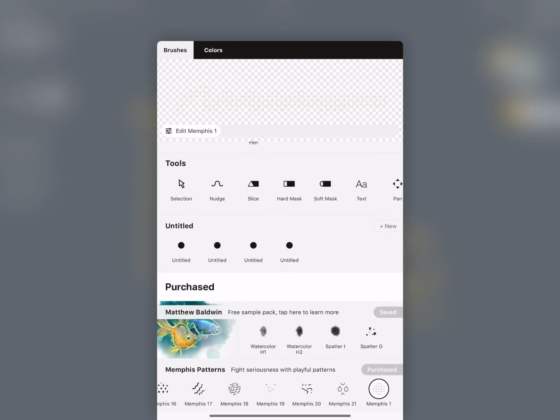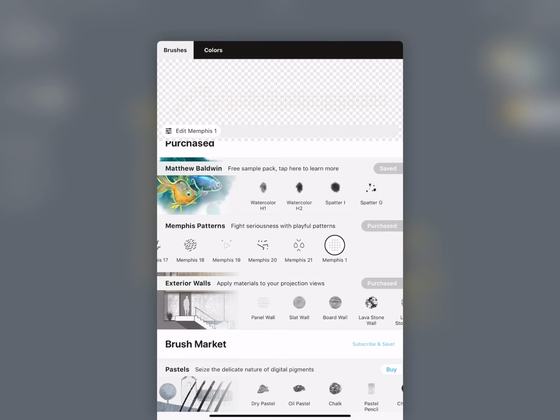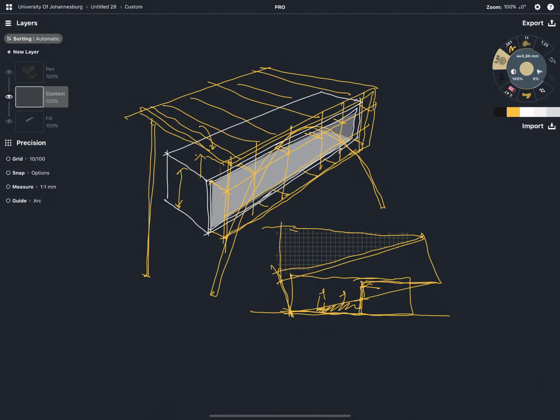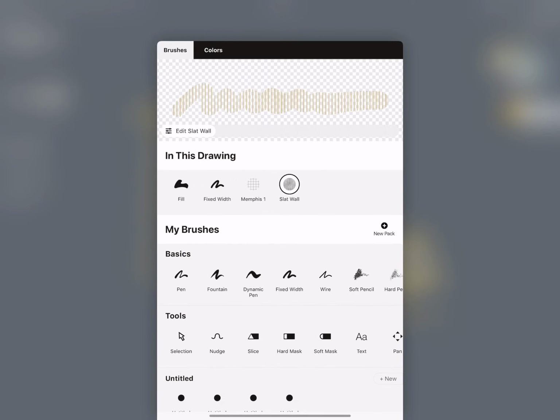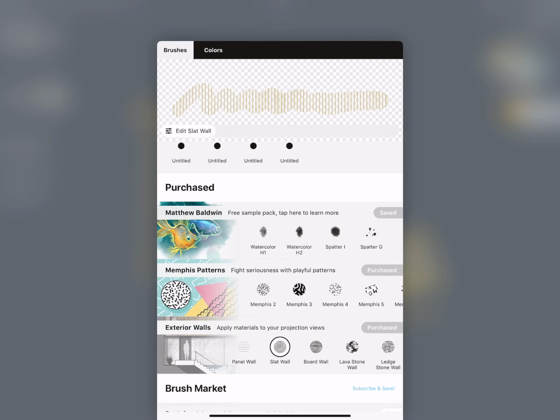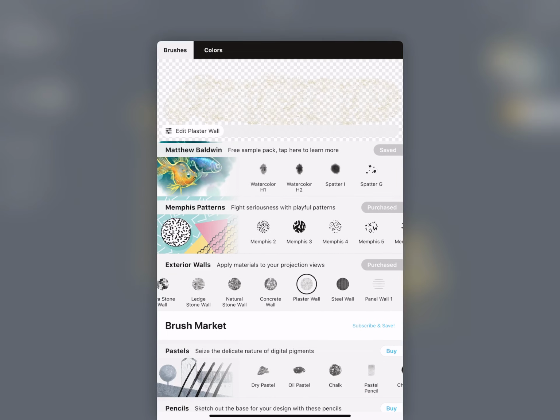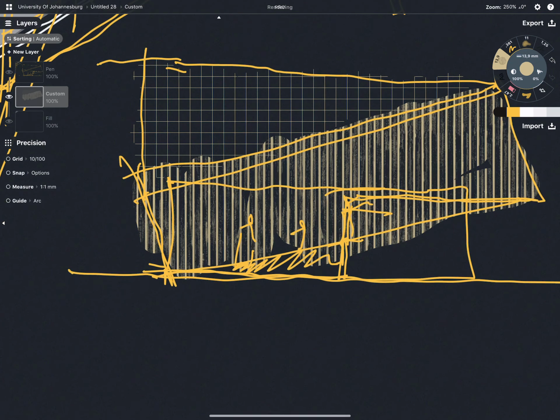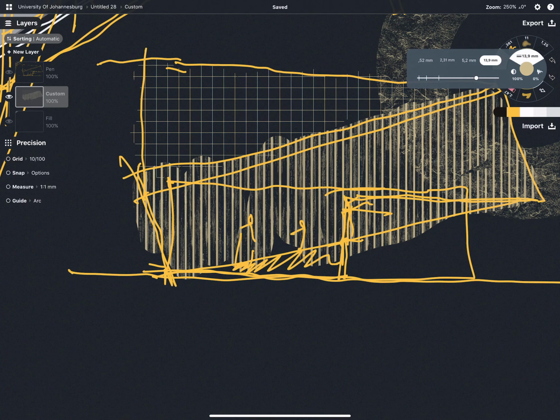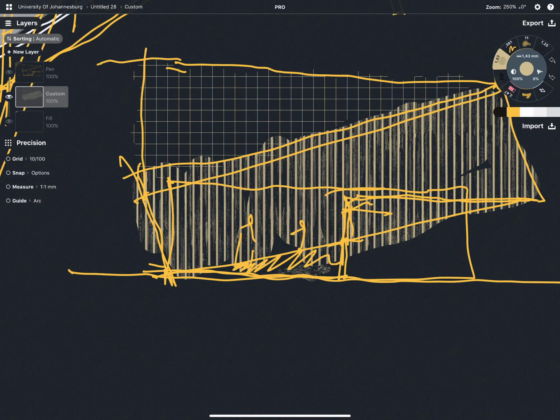Let's find another texture. Let's use slat wall for the slanted bit, and then we use plaster for the bottom. There you go.